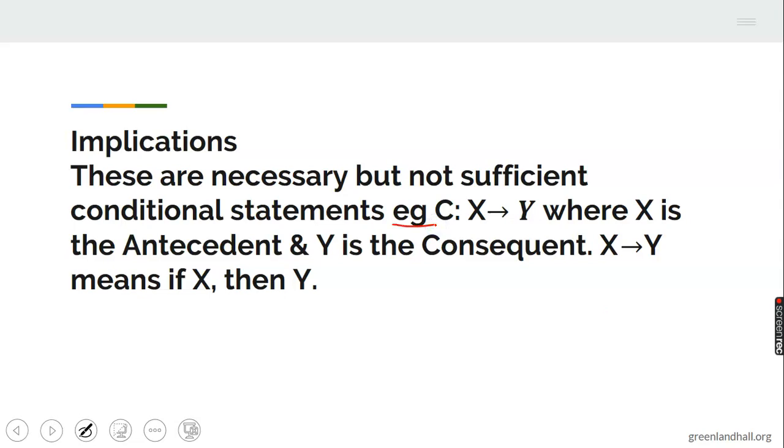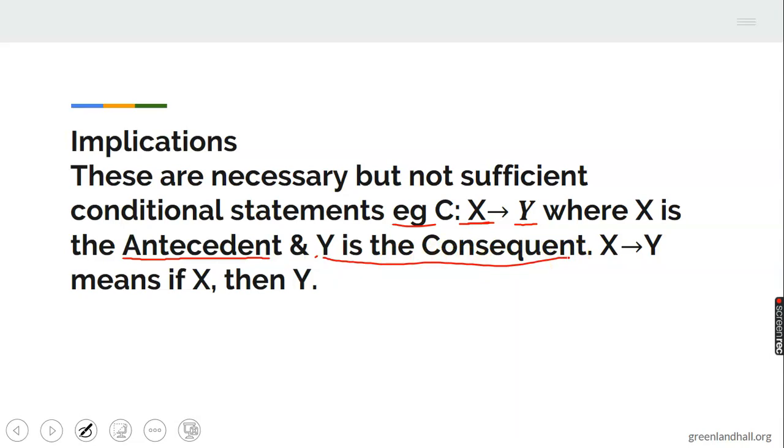This statement C, X implies Y, where X is the antecedent, that's the first one. Y is the consequence of that statement.